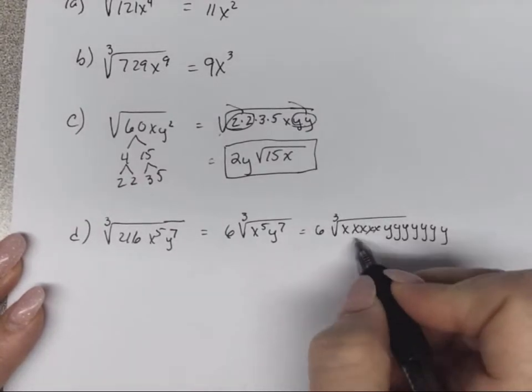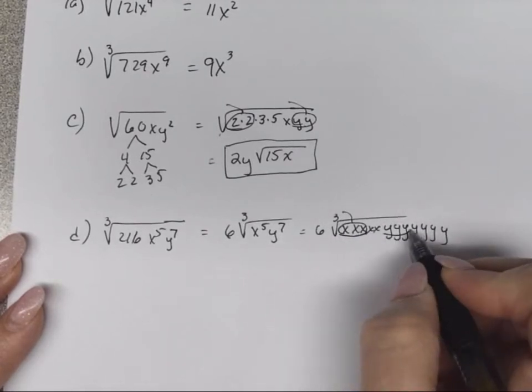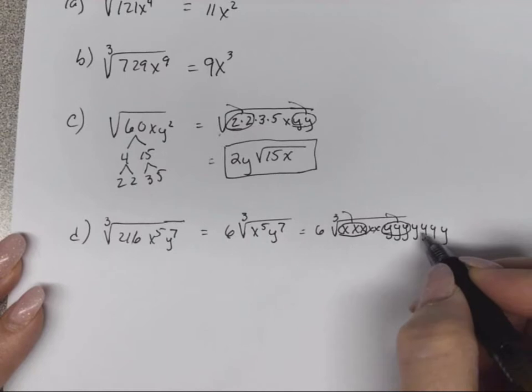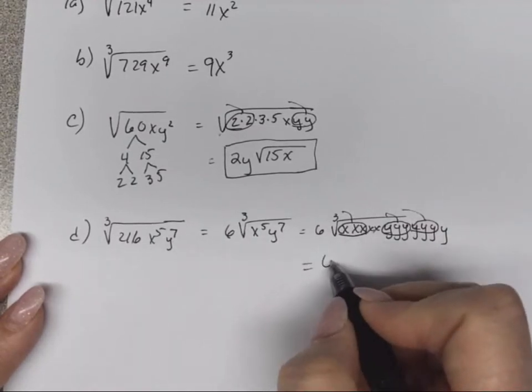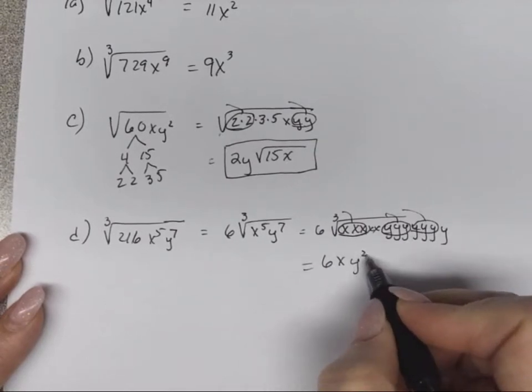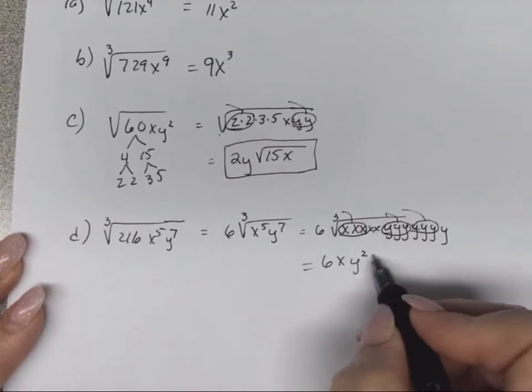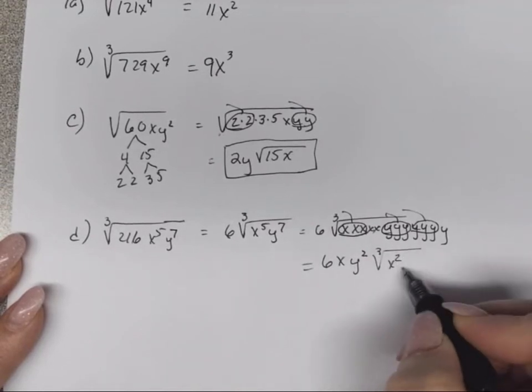So I'm looking for groups of 3. So here's a group of 3 that would come out. Here's a group of 3 that will come out. Here's a group of 3 that will come out. So that'll get me a 6 and an x, and I get 2 y's, so that'll be y squared. And then left inside would be x squared and a y.